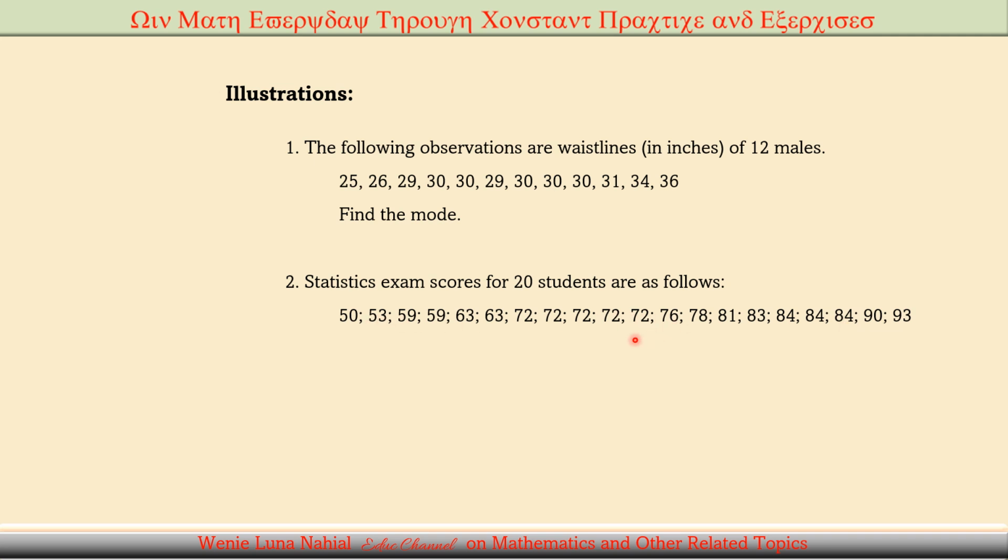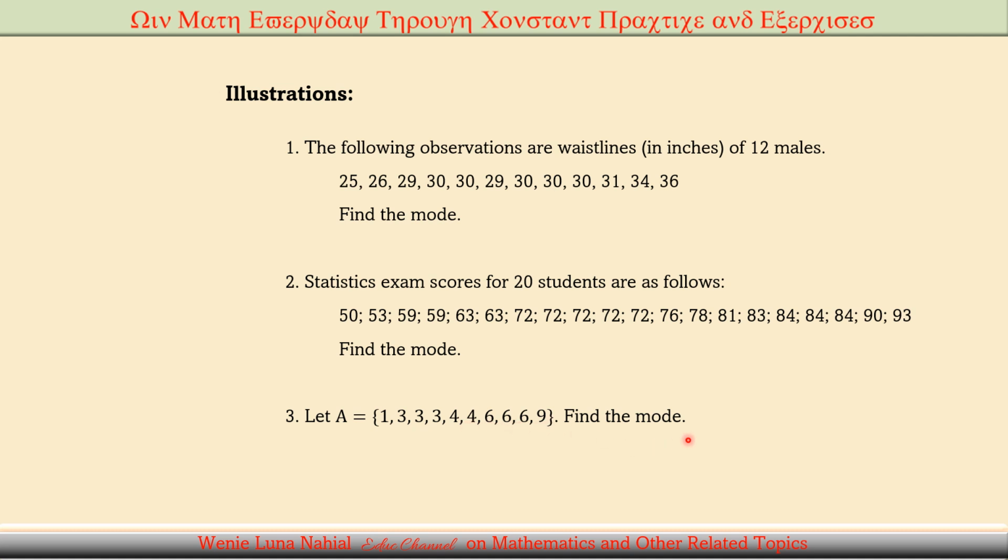Okay, so 72 is the mode of the test scores of 20 students. So this is also unimodal. What about this one? Let A equal the set containing the numbers 1, 3, 3, 3, 4, 4, 6, 6, 6, 9.